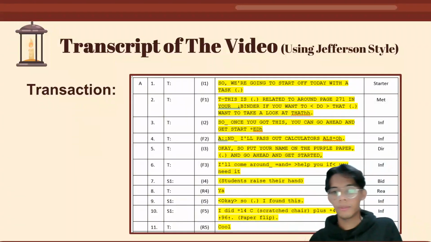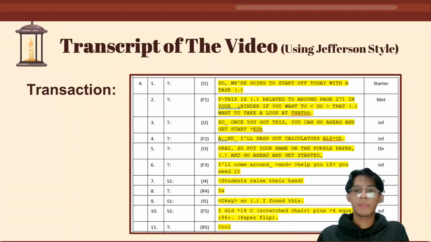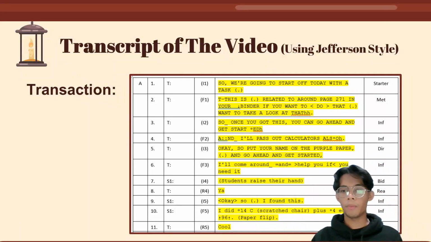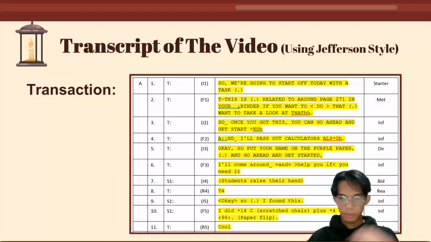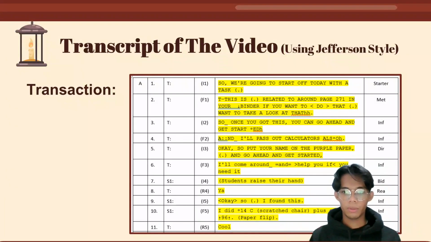So like here, "So we're going to start off today with a task." You can see that the teacher gives an opening marker, a starter. Then this is related to around, and it's called the meta statement here.